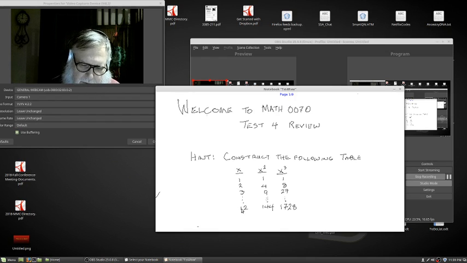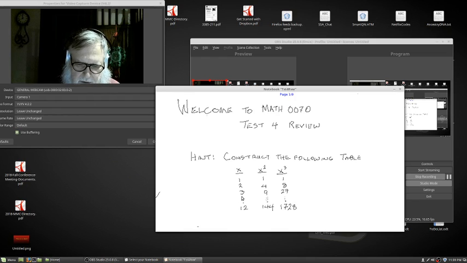You shouldn't need to go any higher than 12. So if x is 1, then x squared is also 1, x cubed is also 1. If x is 2, then you'd have 4 for x squared and 8 for x cubed. For 3, you get 9 for x squared and 27 for x cubed.